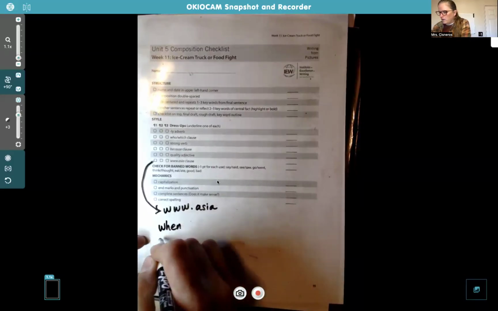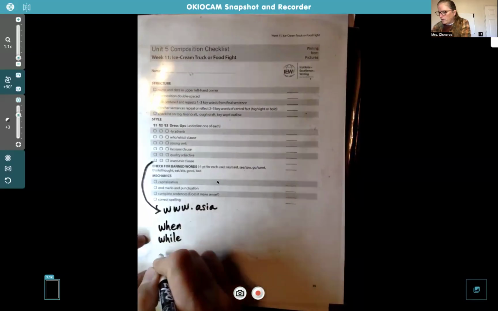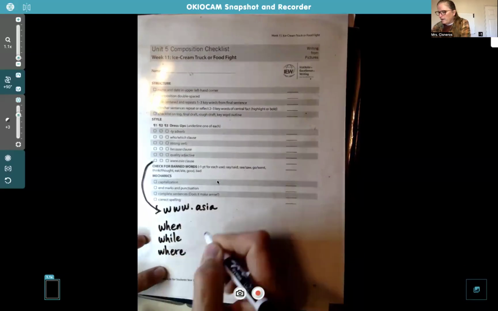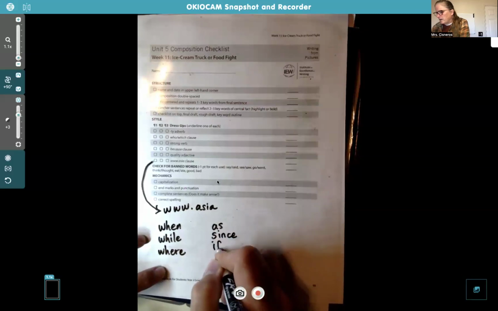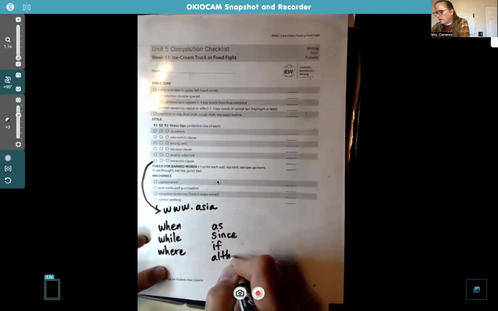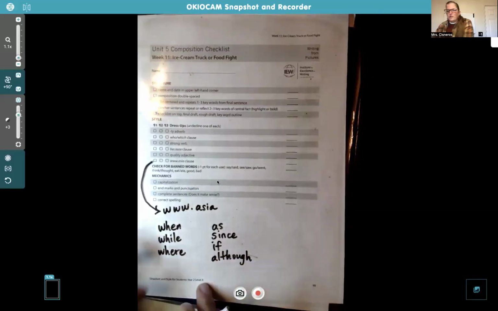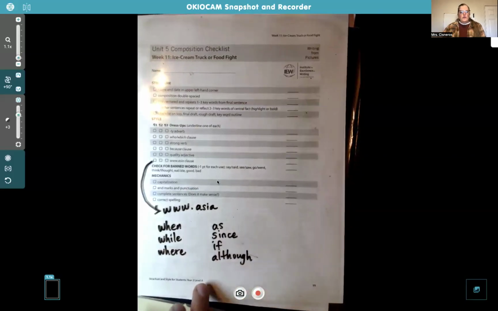And the www is when, while, where, as, since, if, although. So basically, you need to use one of these words in a sentence somewhere in your paragraph, and you need to have one in each paragraph. It does not have to be the first word, anywhere in the sentence, okay?